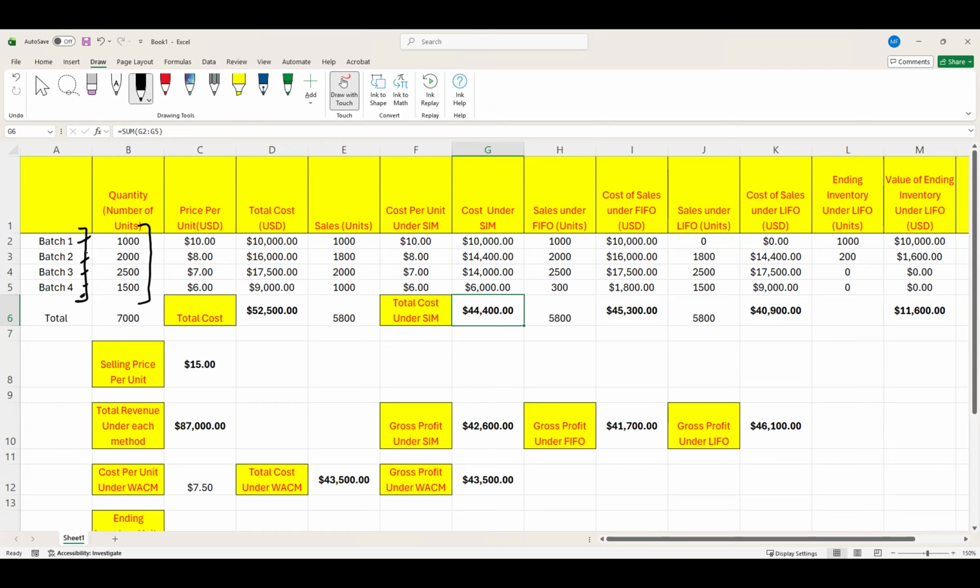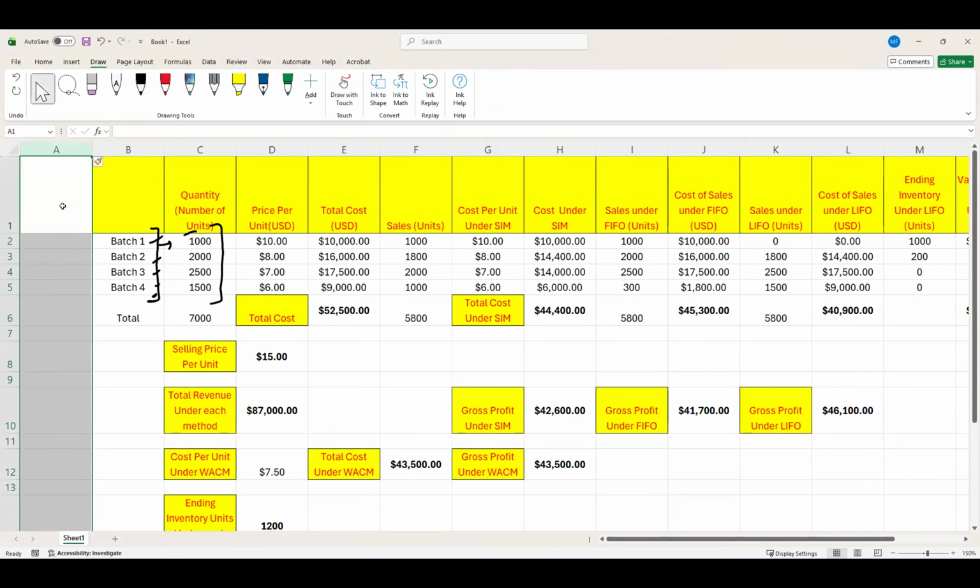Okay, so on the first week of January, okay, today is 24th, right? Let's say 24th of January, it purchased this first batch. So let me just write, let me add a date.